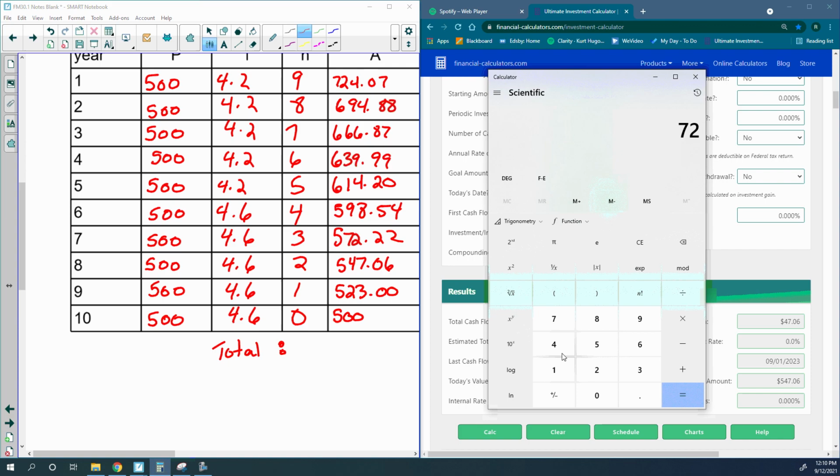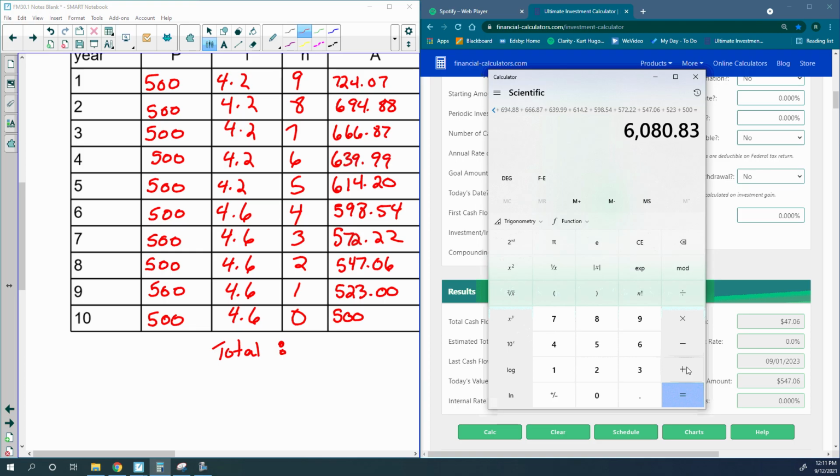The first one is 724.7 plus 694.88 plus 666.87 plus 639.99 plus 614.20 plus 598.54 plus 572.22 plus 547.06 plus 523 plus 500 equals.